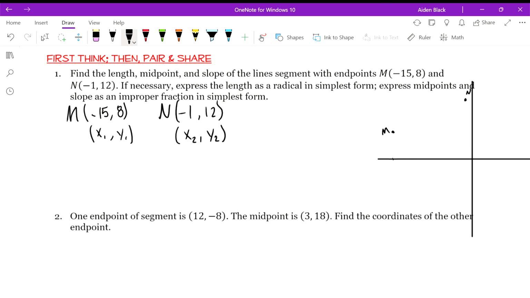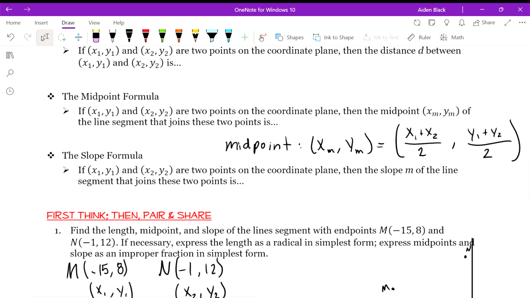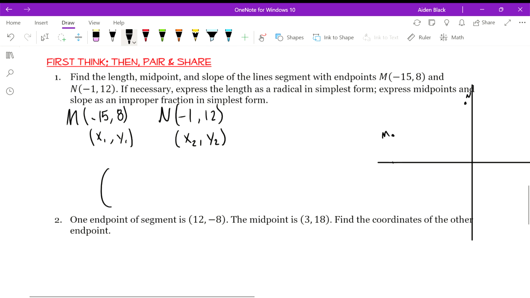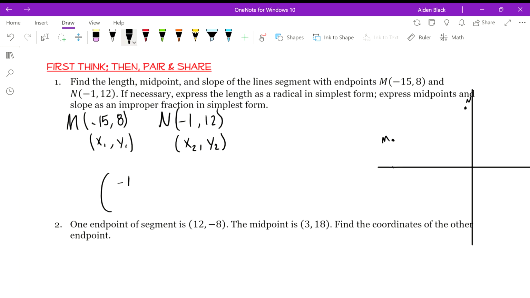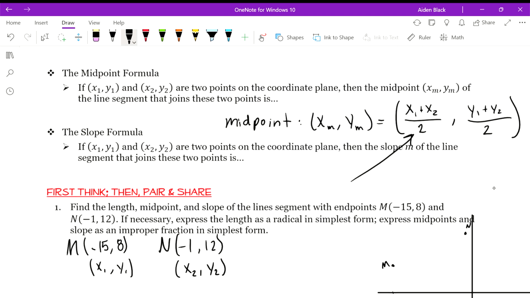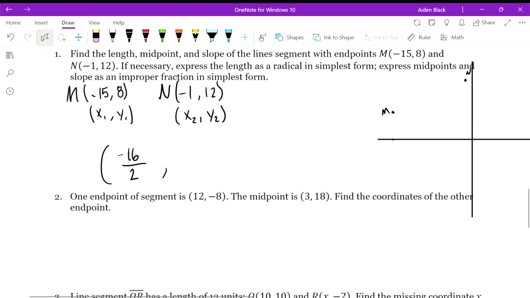We know the midpoint is x1 plus x2, which would be negative 15 plus negative 1, should be negative 16. And what do we do? Cut that in half, right? And then we use y1 plus y2, which would be 8 plus 12, which is 20.